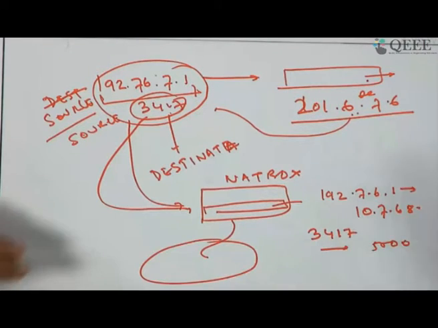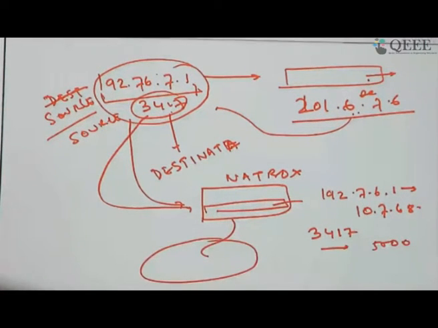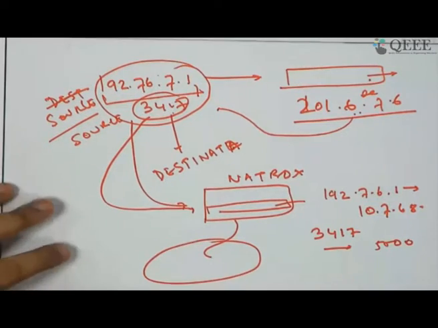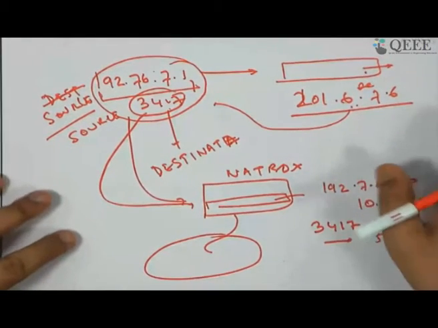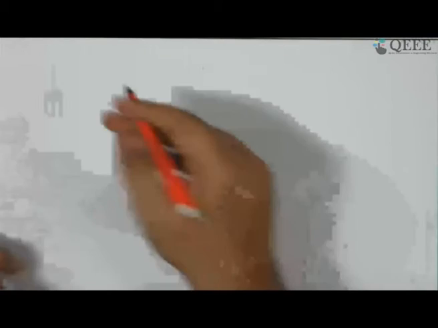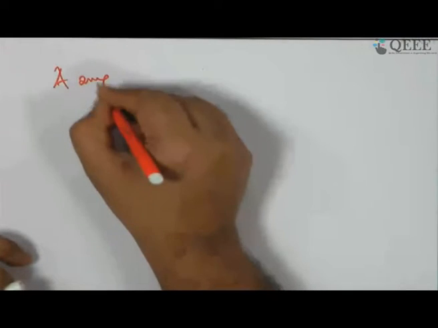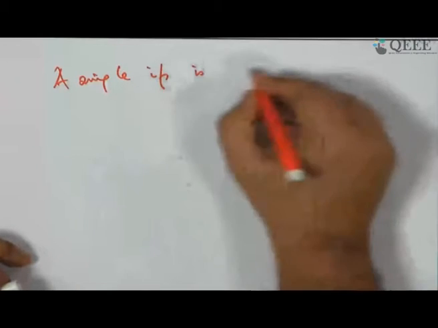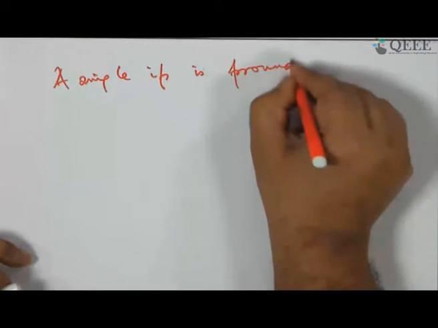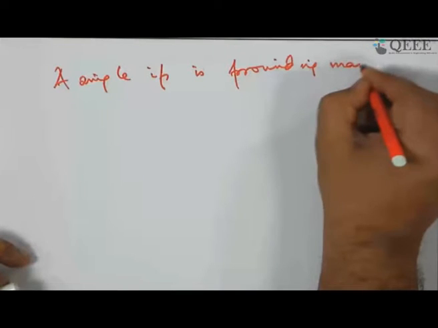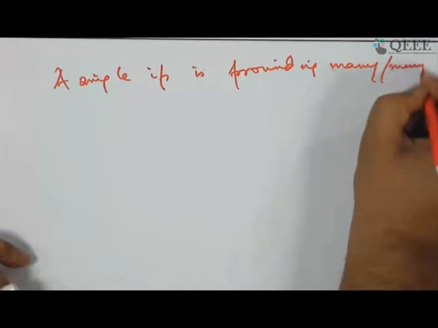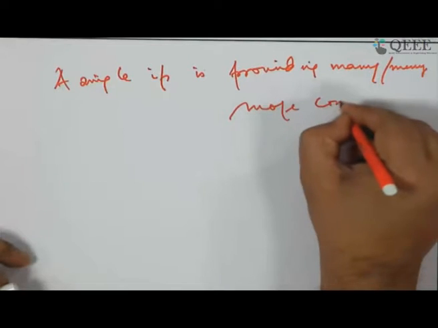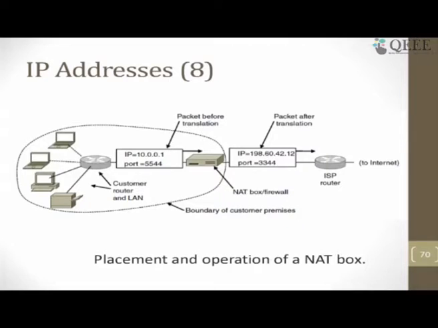Virtually, we are getting many more connections than can be achieved through a single IP. So a single IP is providing many more connections. Fine. So this is how NAT works.